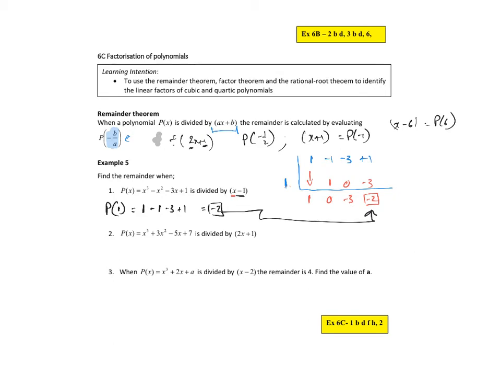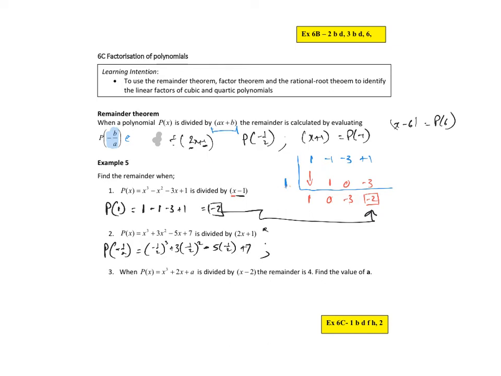I've done this division in our previous examples. So if I just want to go straight to working out the remainder, well, that's negative b on a, so it's 1 on 2, but negative. And we'll go for negative a half cubed plus 3 times negative a half squared minus 5 times negative a half plus 7.